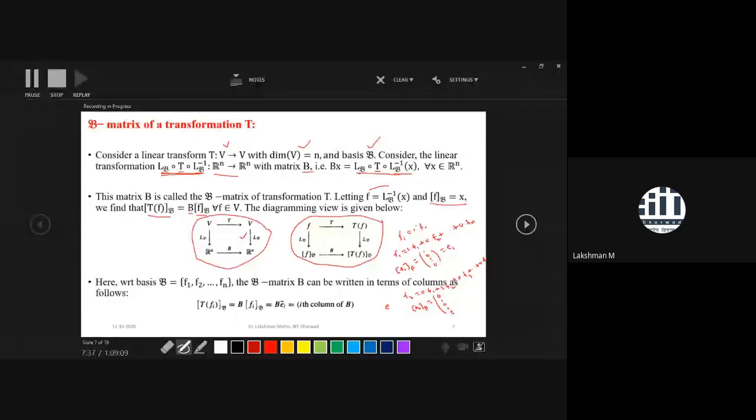So all the rest are 0. Again, what is the name of this vector in terms of standard unit vectors? We are calling this vector E2. So the coordinate of the image of the basis element would be simply B times Ei.